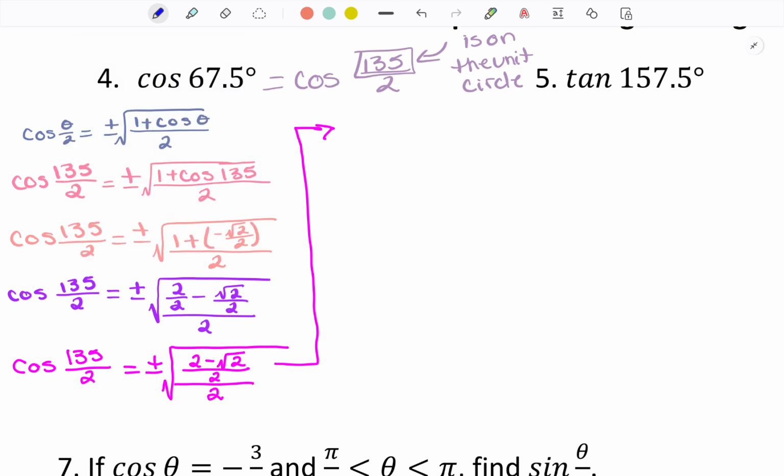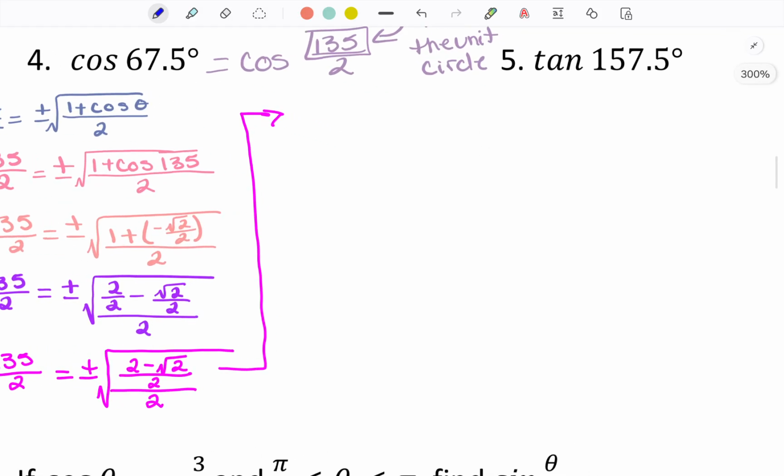Now I will tell you, we will not get rid of the radical completely with this. But we will have our cosine of 135 over 2 equals plus or minus, and we have 2, actually I need to write this a little bit smaller.